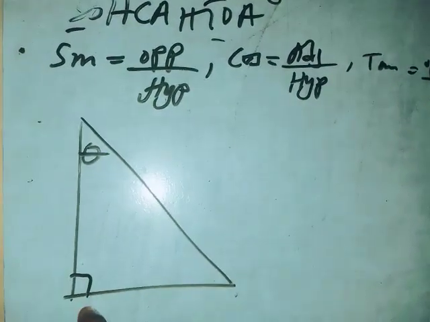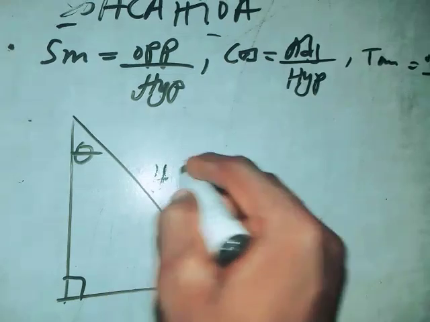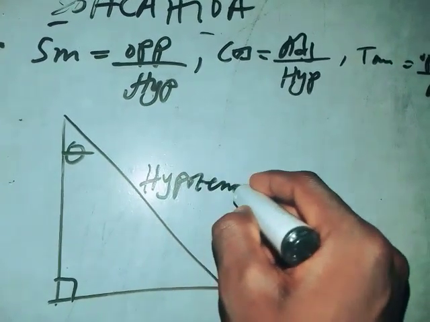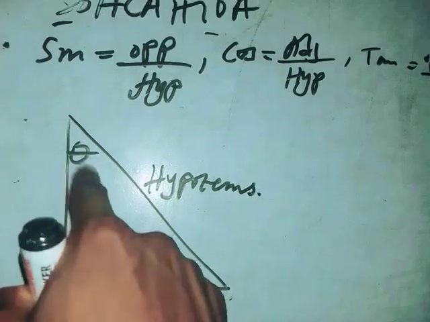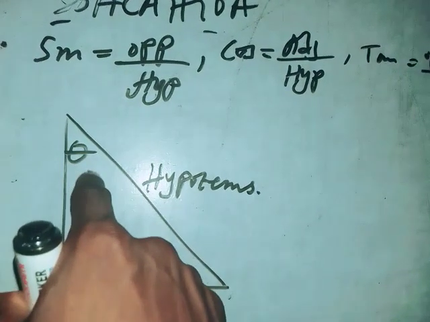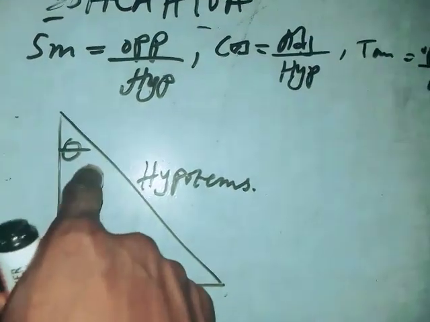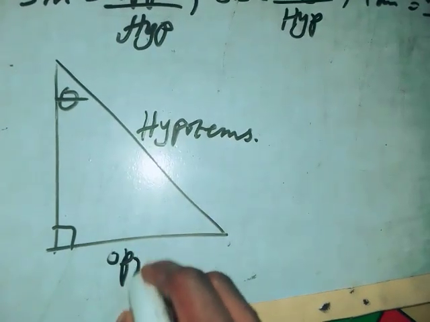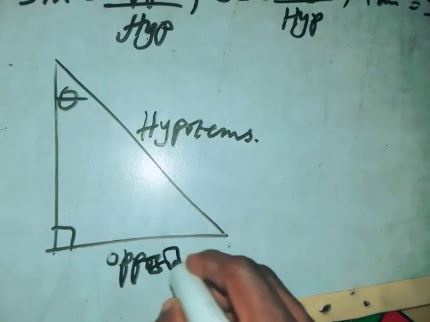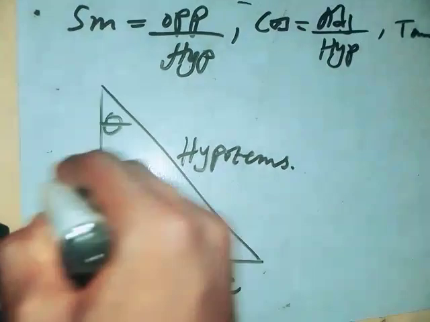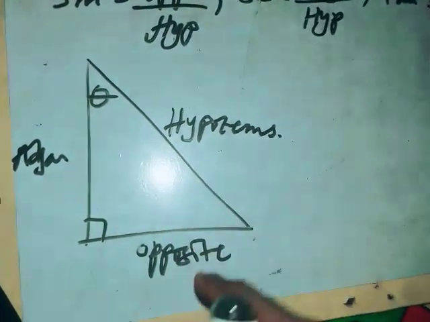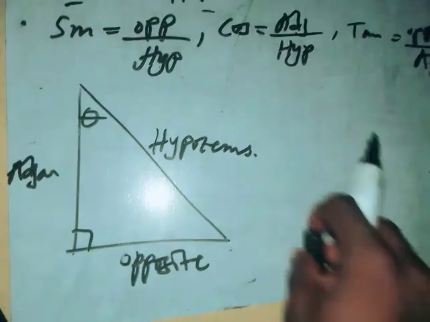I told you the side facing the angle 90 is called the hypotenuse, and the side facing the angle that is not 90 degrees is called the opposite. After that, you can call the other side the adjacent, because you have determined your hypotenuse and your opposite.